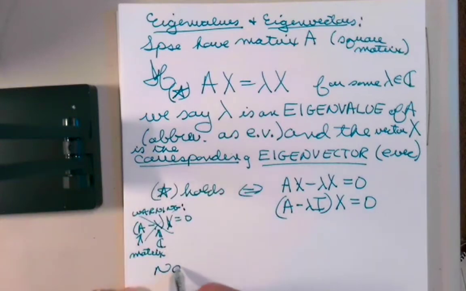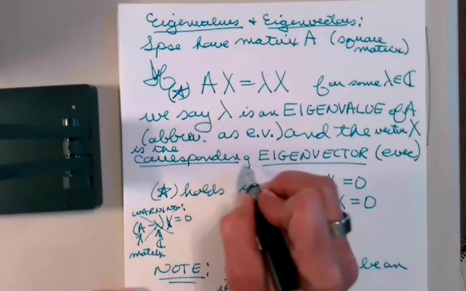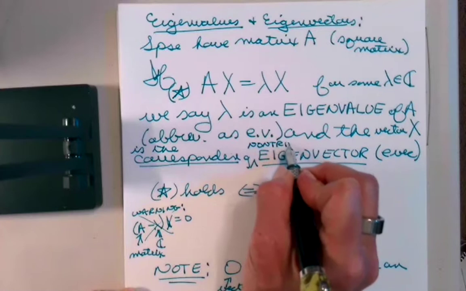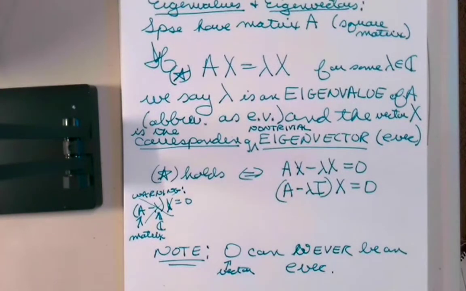Let me just say note, 0 can never be an eigenvector. So this means a 0 vector, not the number 0, can never be an eigenvector. I should have included it up here: the corresponding non-trivial eigenvectors cannot be the 0 vector, okay?